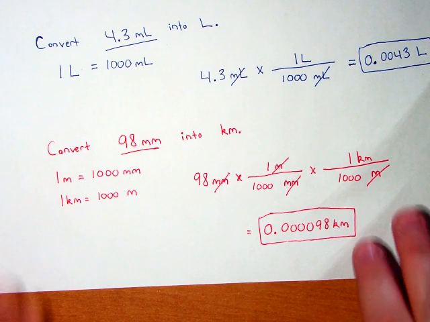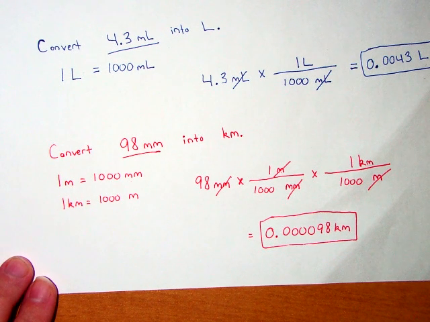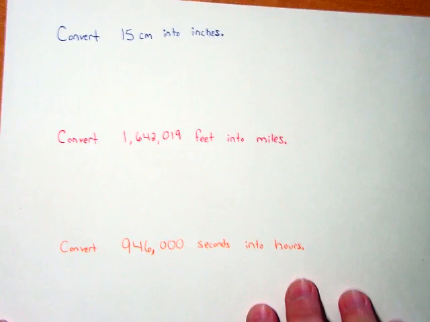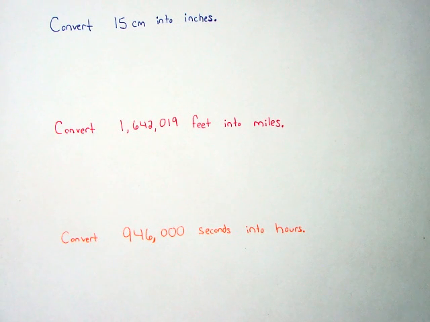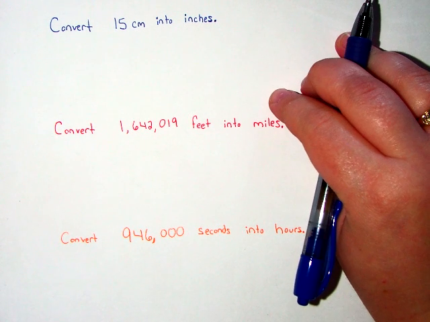All right, so far we have been looking only at metric units, the ones that are used throughout the world and not very commonly used in the United States. Next, we are going to look at conversions between imperial or standard units, the ones that we're most familiar with here in the U.S. Okay, so these can get a bit tricky.